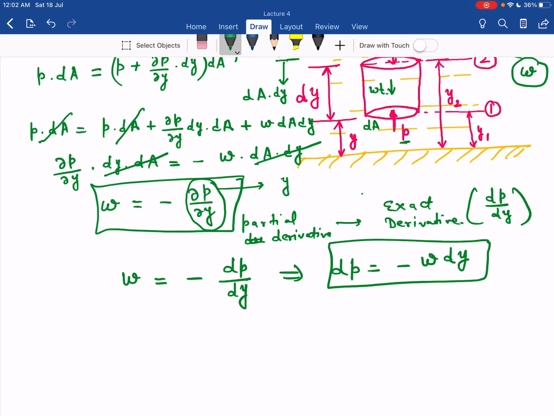This is the second fundamental relation between pressure, specific weight that depends on density, and the height of the element. So this relation represents the hydrostatic law.